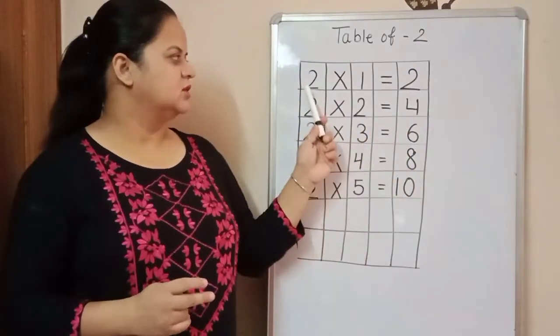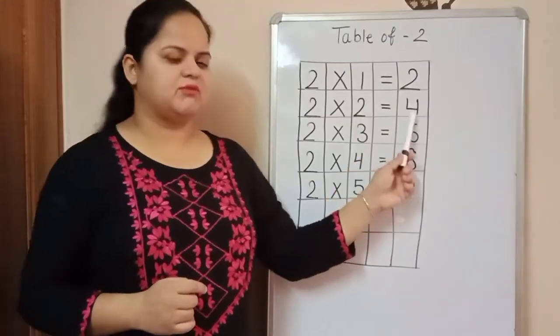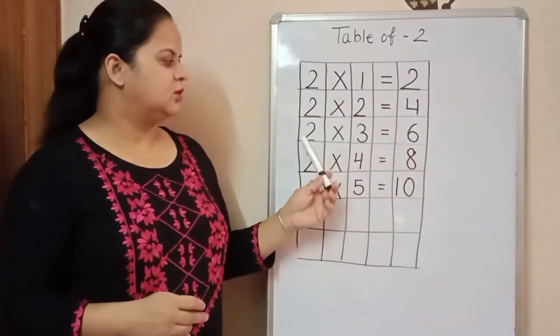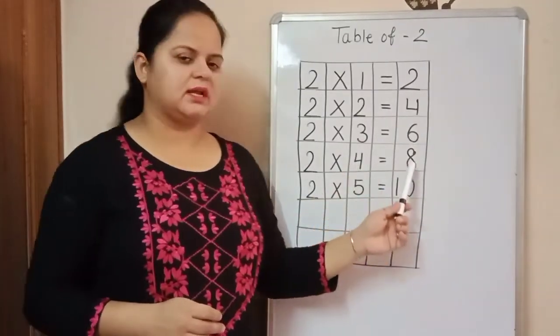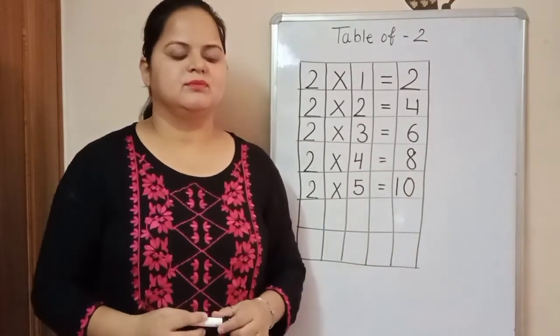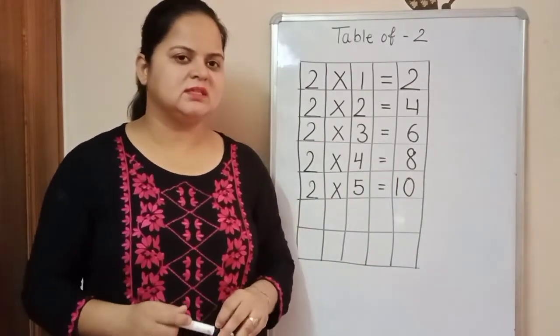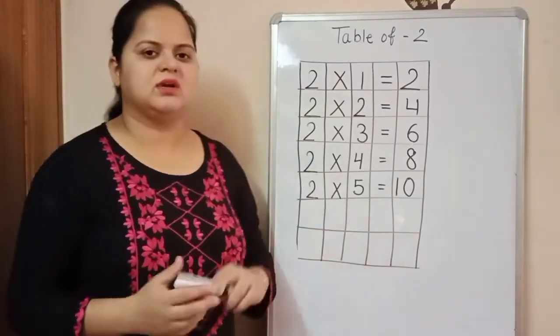Speak loudly. 2 twos are 4. 2 threes are 6. 2 fours are 8. 2 fives are 10. I hope you all have learned the table till 5 and you all have done this work in your notebooks also.